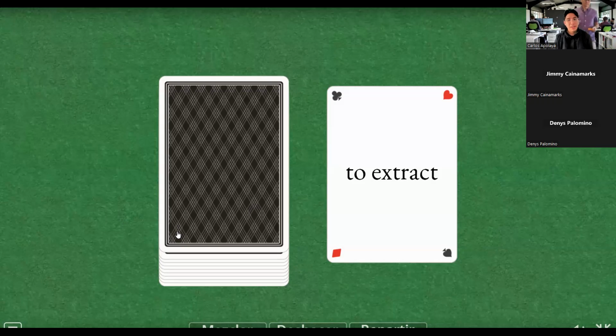Sé qué significa sacar, pero nunca voy a decir, I need to pull out my jacket. You see, Denise and Jimmy? Hay algunas palabras que pueden encontrar en diccionarios con el significado sacar, retirar, pero solamente se usan en ciertos contextos. En este caso, el pull out, the dentist. If you're a dentist, you can use pull out the teeth.